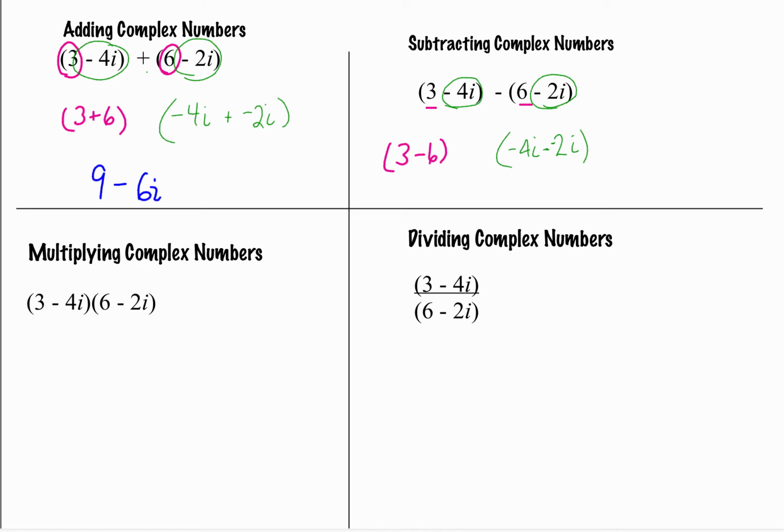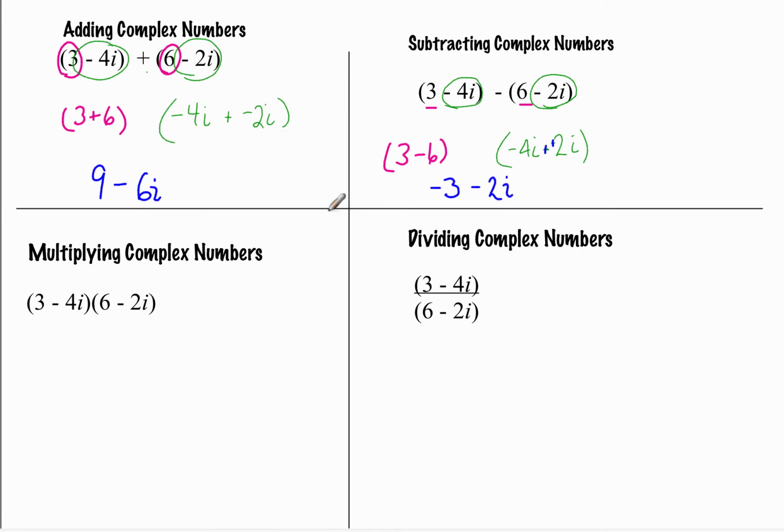And that's the only way you can screw subtraction up, is to forget about the double negative. Subtracting a negative. So when I clean that all up, 3 minus 6 means my real part is now negative 3. Negative 4 minus a minus 2 means that my imaginary part is minus 2i.